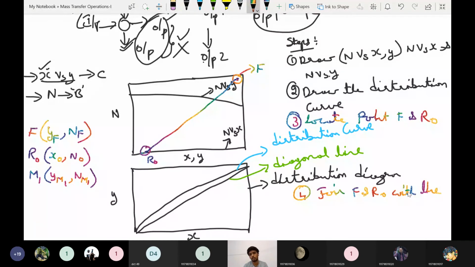When you join this line, after that you have to evaluate this point. This is also ym1, nm1. It will be known, or otherwise you have to calculate using the derived formulas. Y will be on this axis and nm1 on this axis, so it will come on this straight line of F and R0 only, at this point.